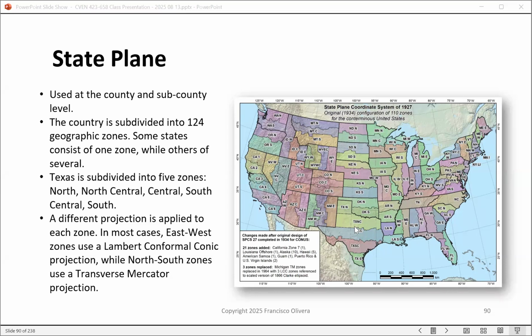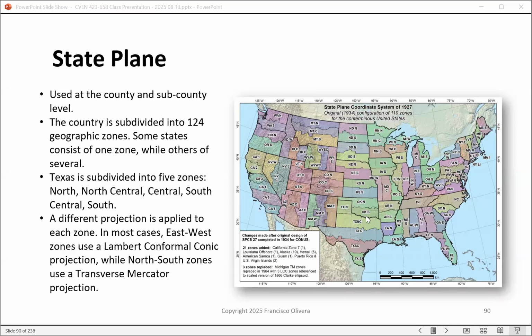Areas that are more north-south, like New Mexico, Arizona, Nevada, Idaho, Missouri, Illinois, Indiana, Mississippi, Alabama, Georgia. These states most likely use, if not UTM, a transverse Mercator projection. Those are good for north-south zones. But for east-west, they are going to use a conic projection.